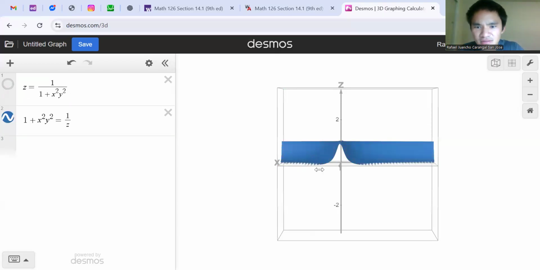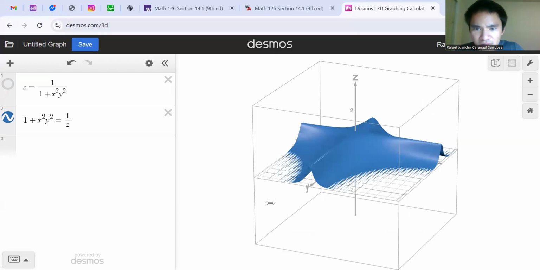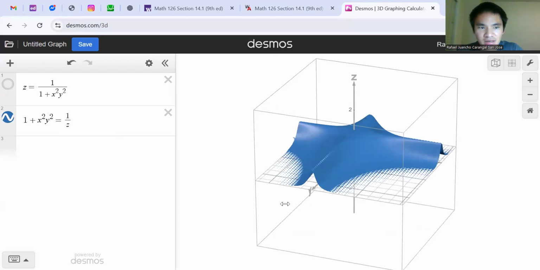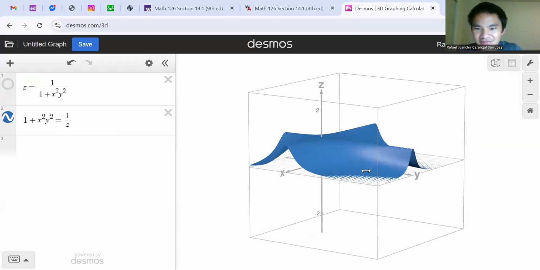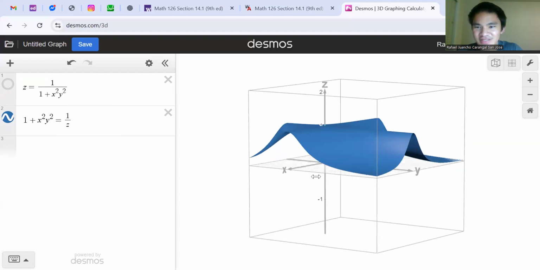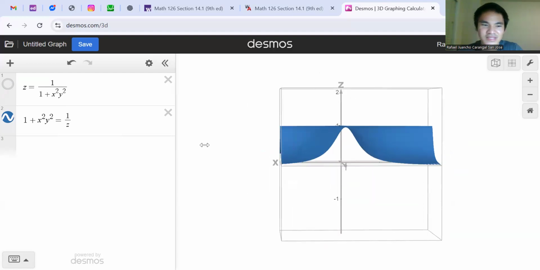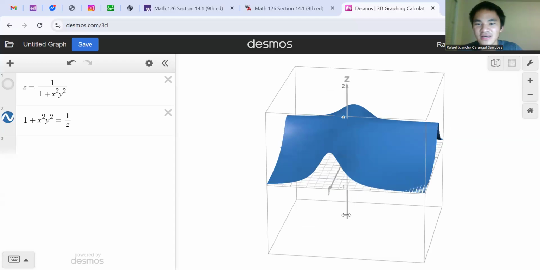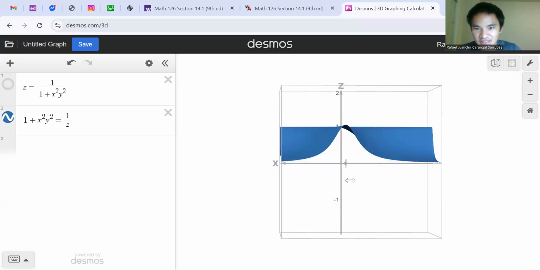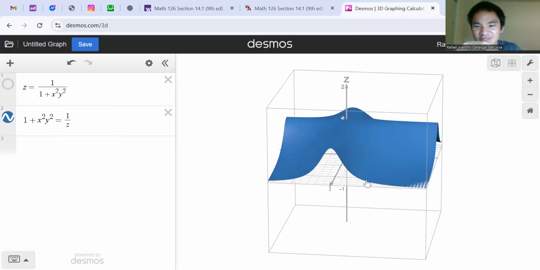Let me take that out. I should get, oh, what is that? Why did that turn different? Oh no, it's the same thing. But yes, there we go. It shouldn't intersect 0 in my z. But then what's weird is that it shouldn't also go down.